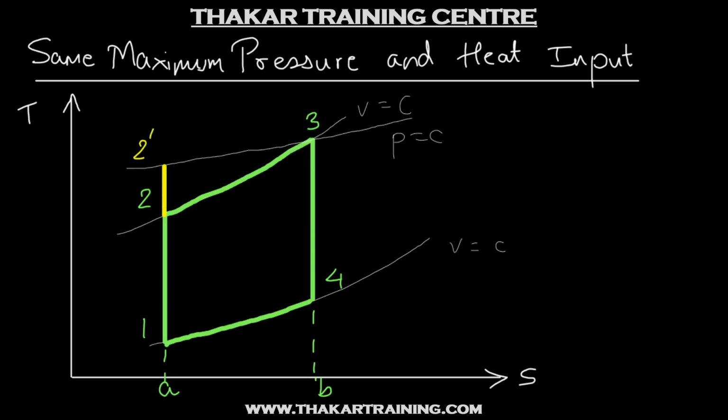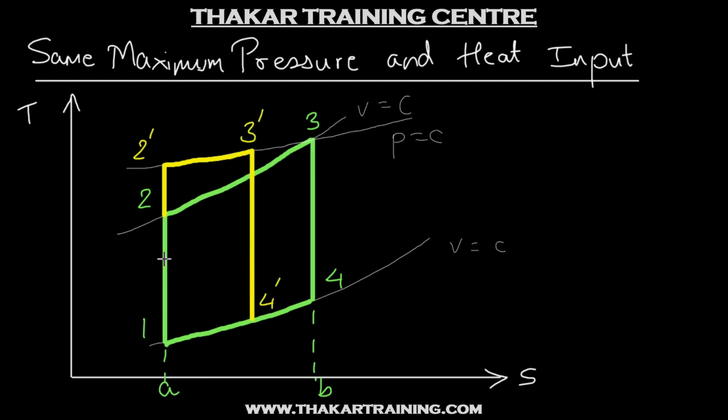Alright. So for the diesel cycle, the heat addition should stop earlier, somewhere over here, let's suppose. Then you should have your other process, that is the expansion process, somewhere till here. Alright. So this will be 3 dash, this will be 4 dash for diesel cycle. Why did we do that?